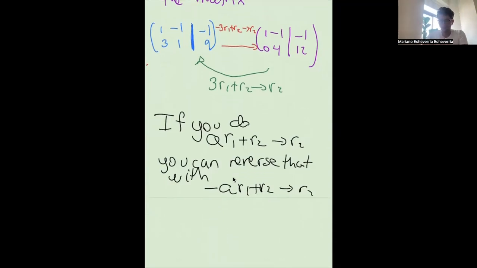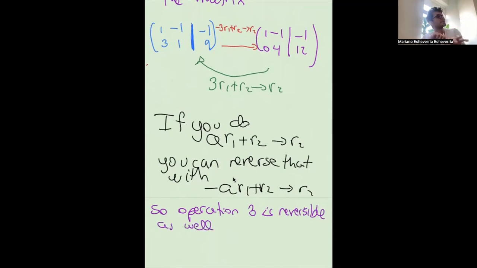So operation 3 is also what you would call reversible, as well. So all three operations will preserve the solutions of the system. They will not create fake solutions or anything like that.